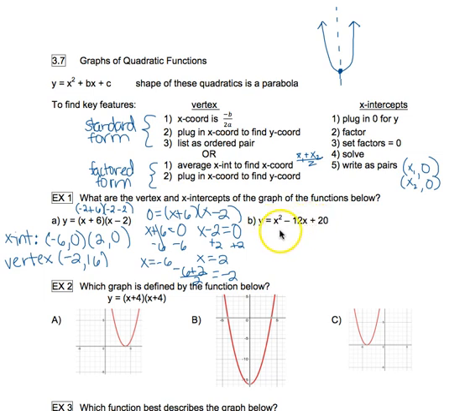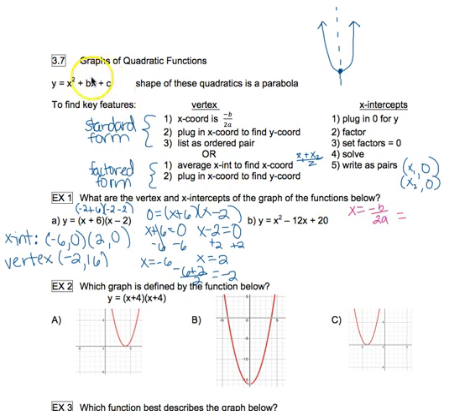same idea, except this is in standard form, which means I can find my x-intercepts first or my vertex first. It doesn't matter. So I'm going to go ahead and do the vertex with these 3 steps since we haven't done those steps yet. So I'm going to do x-coordinate equals opposite of b divided by 2a.